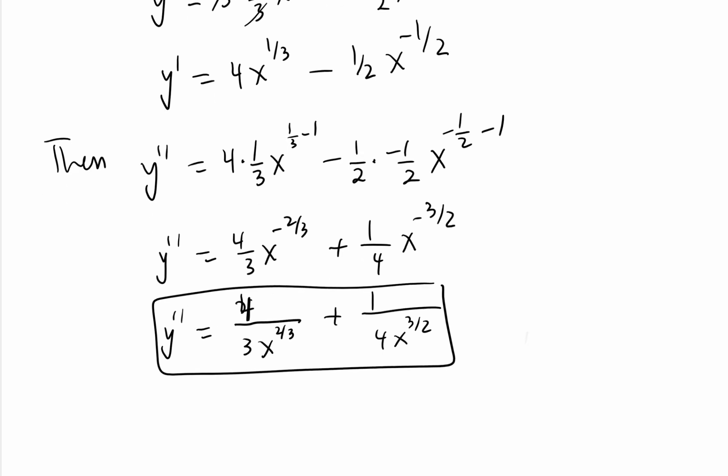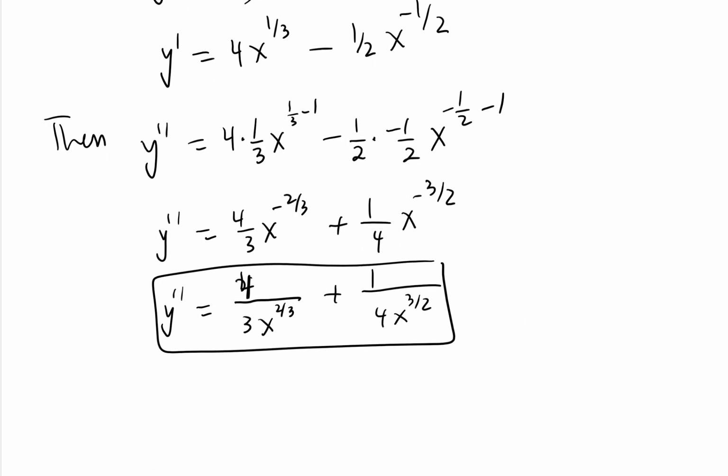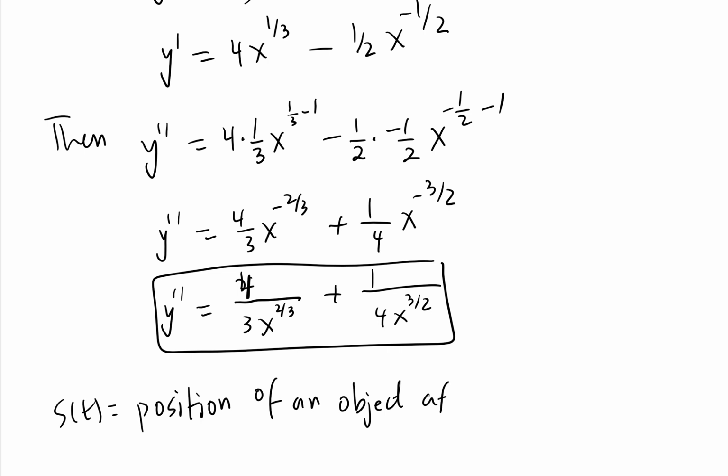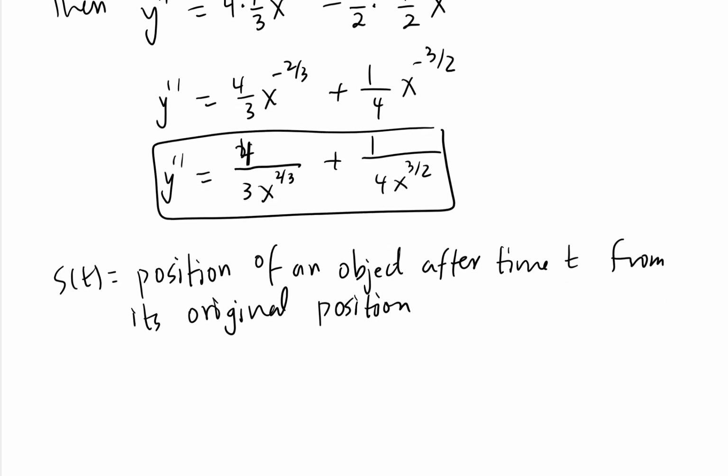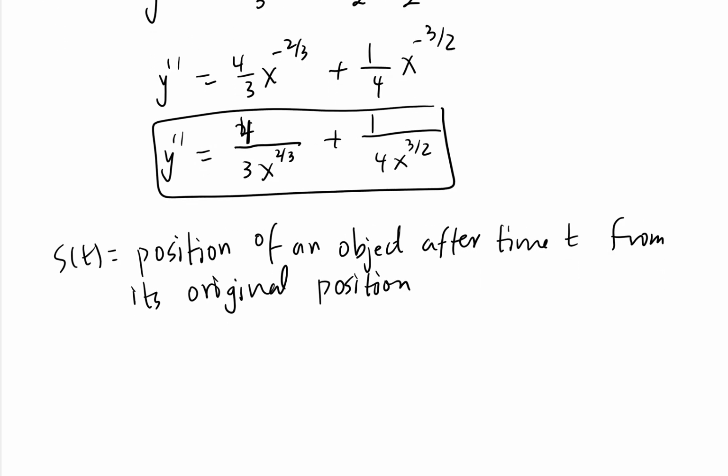To do some application to this, we let s of t, we call it the position function, the position of an object after time t from its original position. That's s of t.